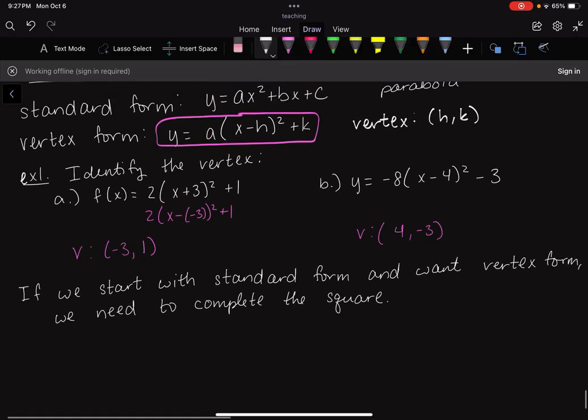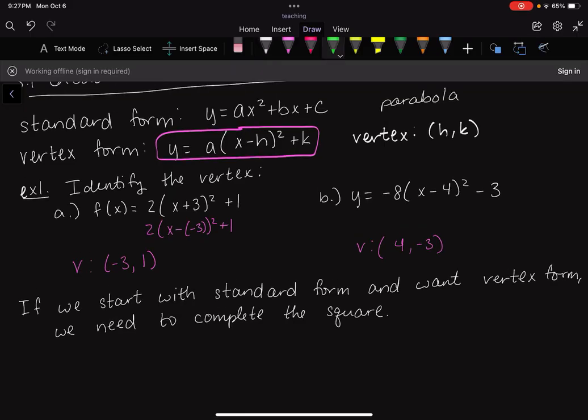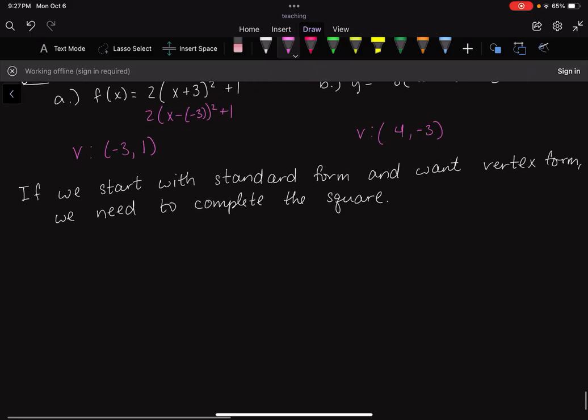So if you start with your standard form, so a reminder, that's this one, and you want vertex form, you will have to complete the square.